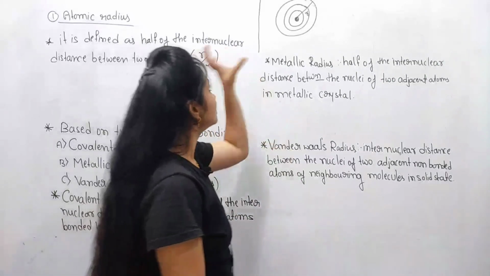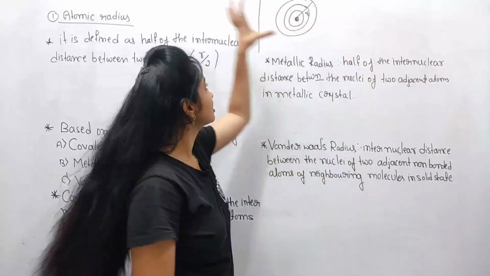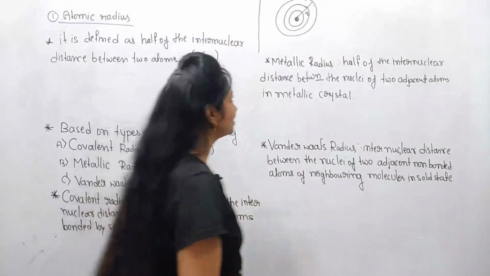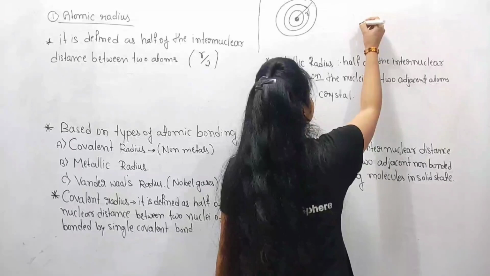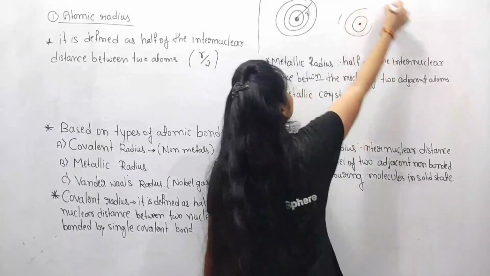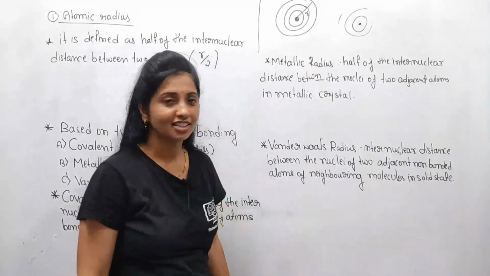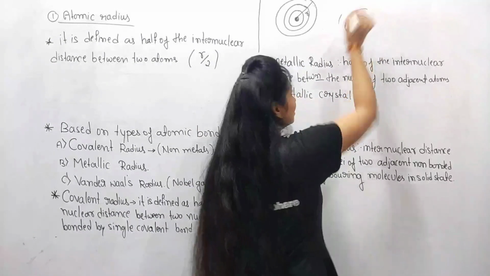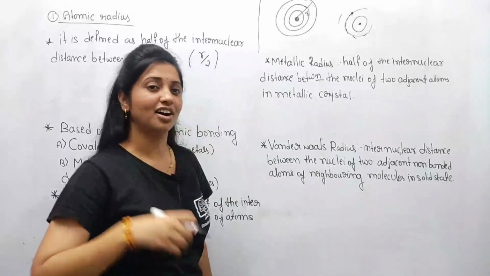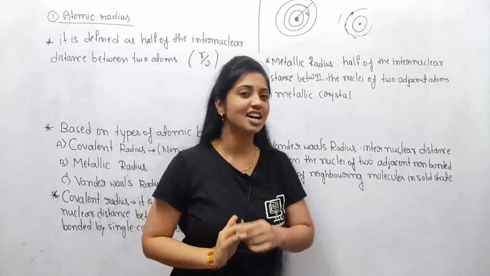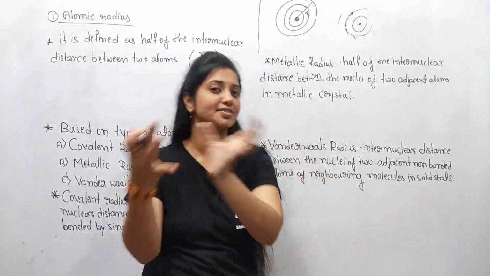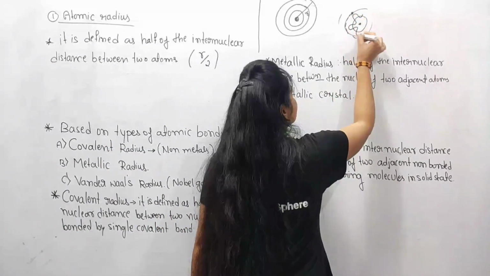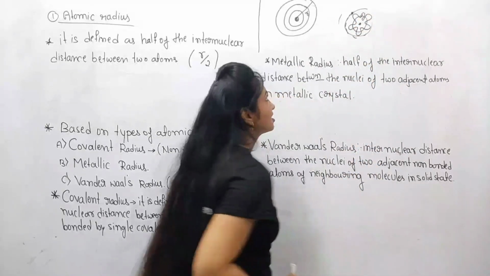But measuring the radius of a single atom is not possible here, because already you know that there are no definite circular paths around the nucleus for the electrons to revolve. Electrons have a particle nature as well as a wave nature, meaning the electrons move around the nucleus like this.